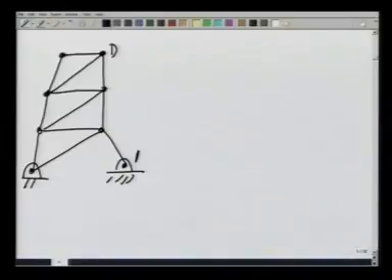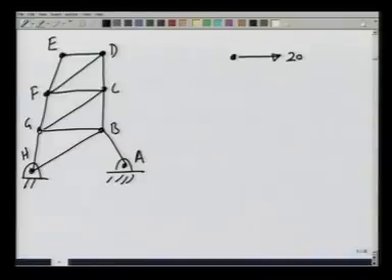Point D, A, B, C, D, E, F, G, H. At point D, F_ED is 0, and there is only one load, 2000 newtons. There would be a force F_DF and a vertical force, and again in anticipation I am making it like this, F_DC. There are two unknowns, and both of these I can determine.